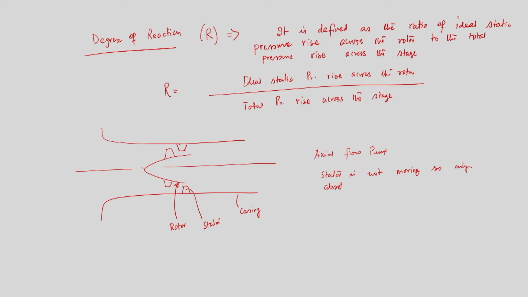Since it is not moving, relative velocities are absent. In fact, I would like to discuss here that when I apply the Bernoulli equation in the rotating frame of reference, we should always write the relative velocity, because absolute velocities are replaced by relative velocities.